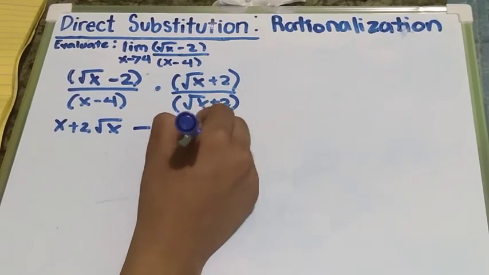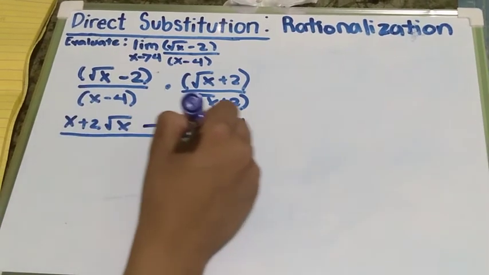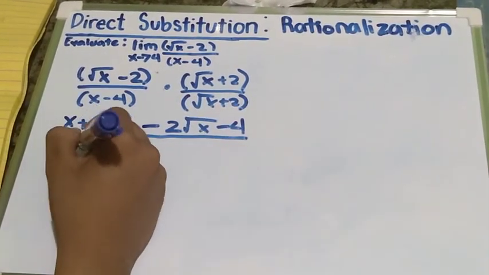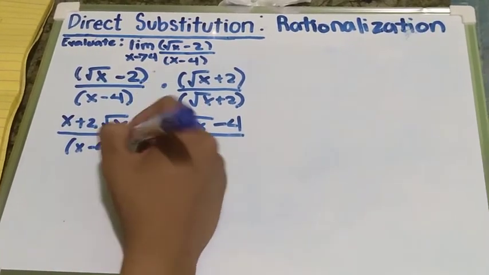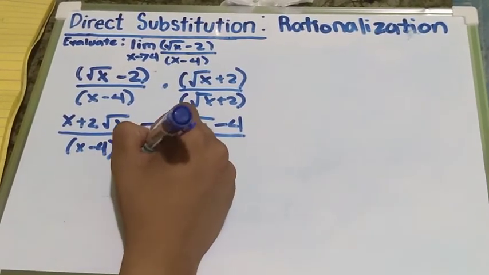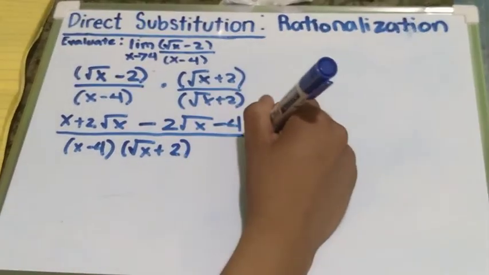So the denominator is x minus 4 times square root of x plus 2. So this is a hard problem. The answer of the numerator is 1.